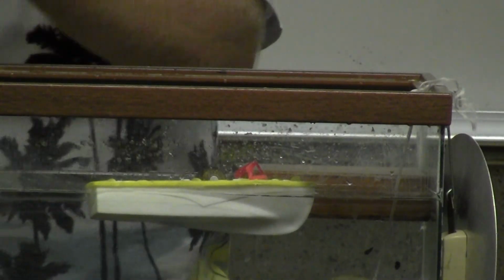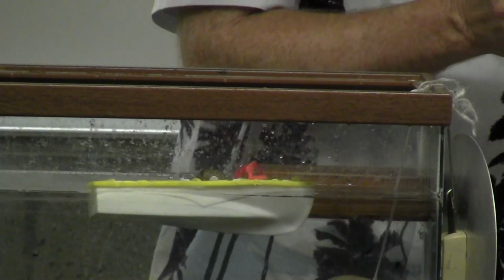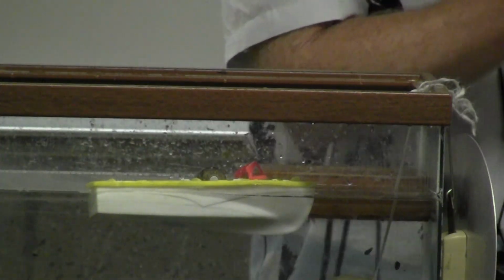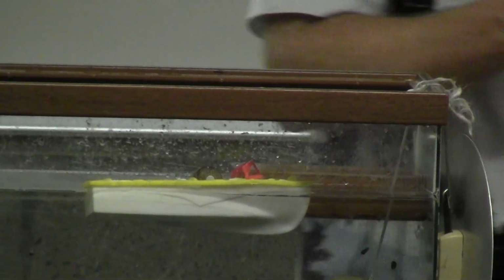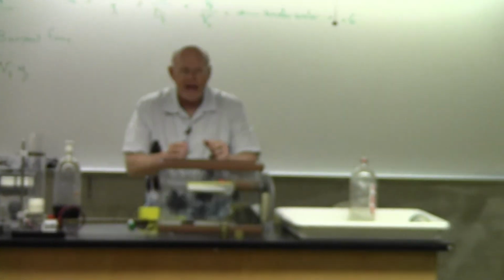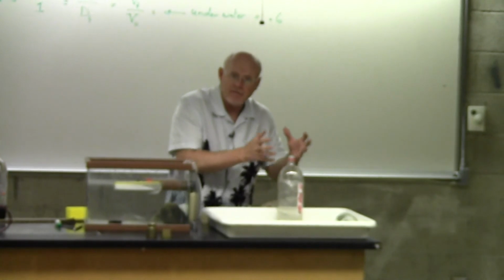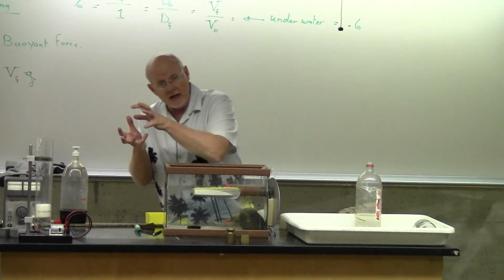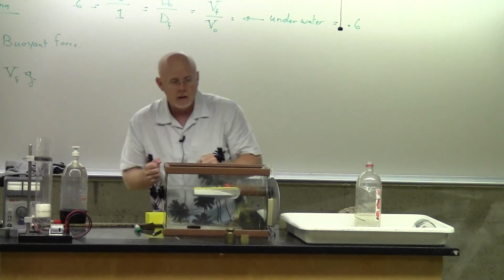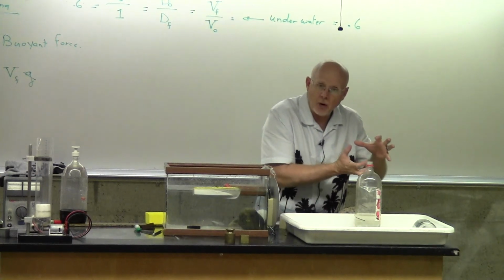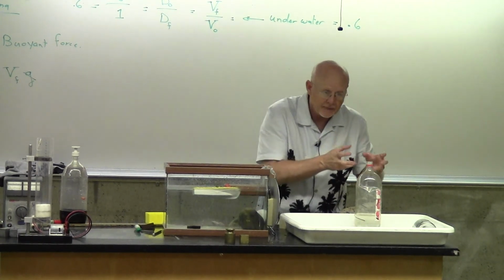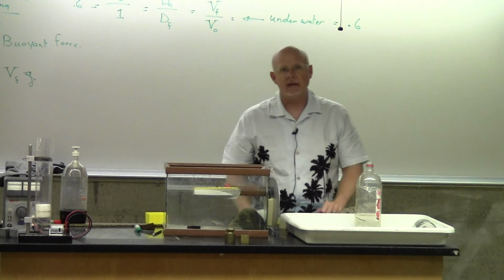And to support it, it has to have a bigger buoyant force. To get a bigger buoyant force, it has to displace more water. So again, the weight of all the gear in the boat is equal to the buoyant force. It just weighs more with all this gear, so we have to have a larger buoyant force. And because of that, it has to sink a little bit deeper.